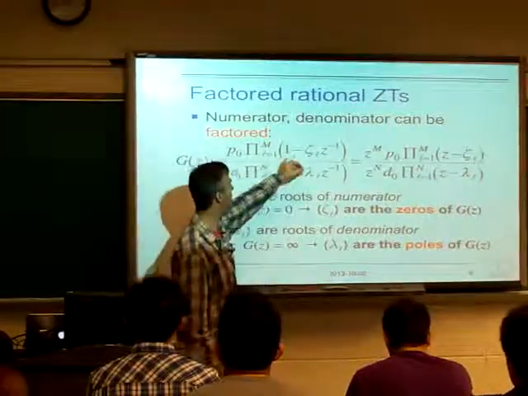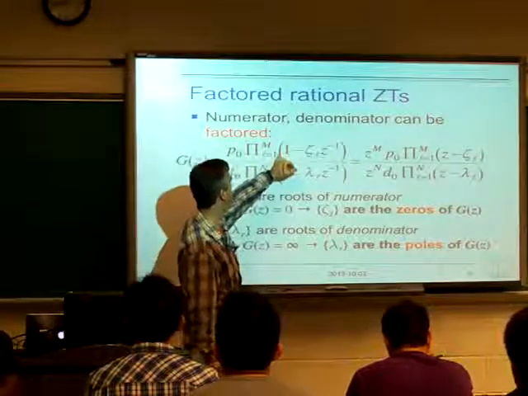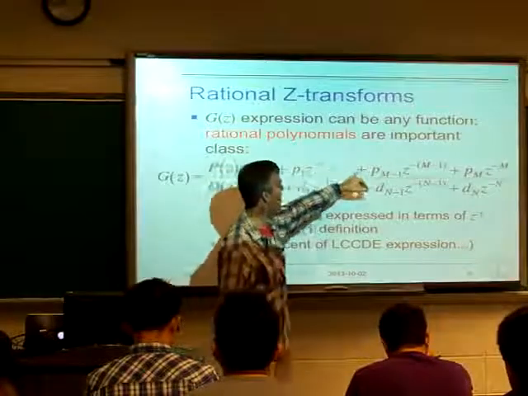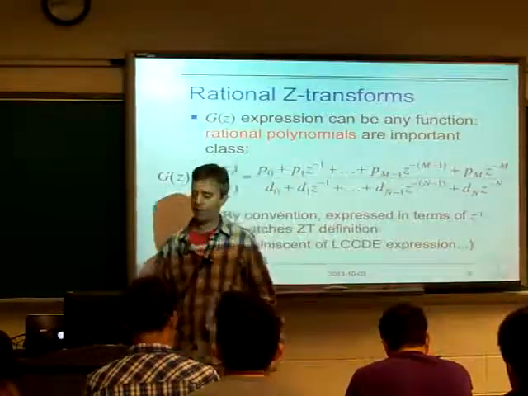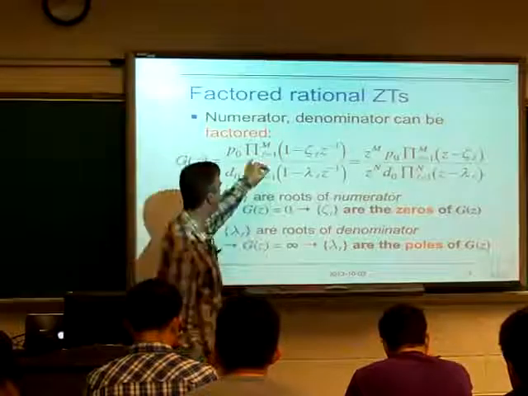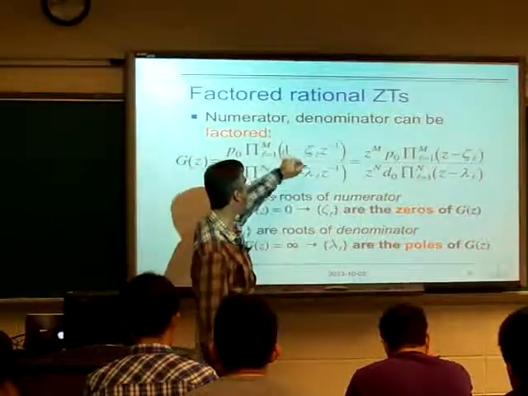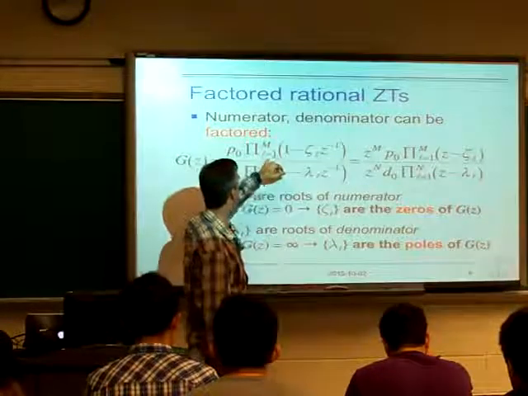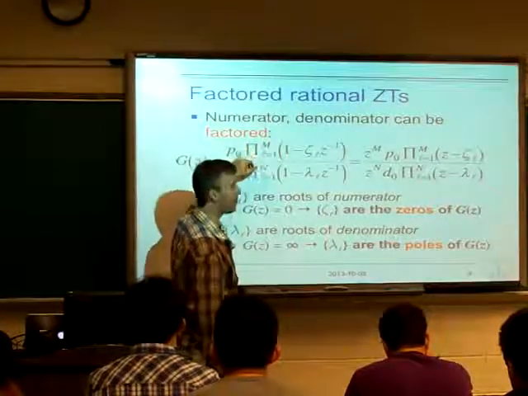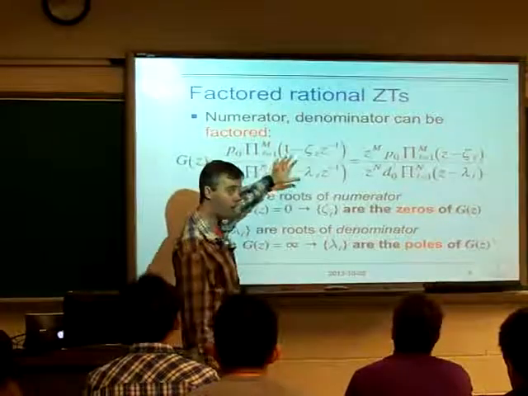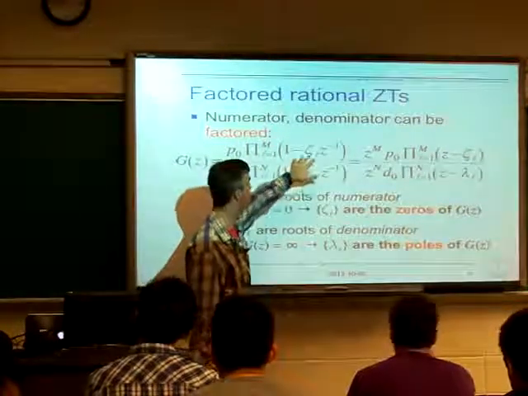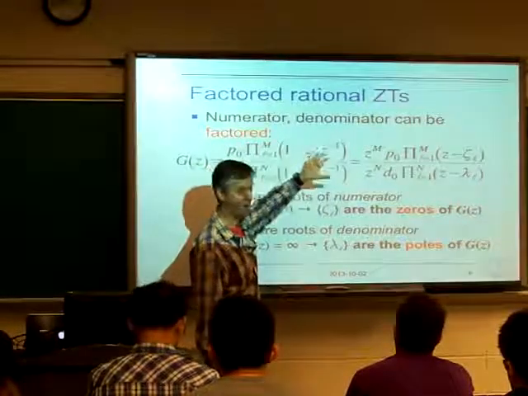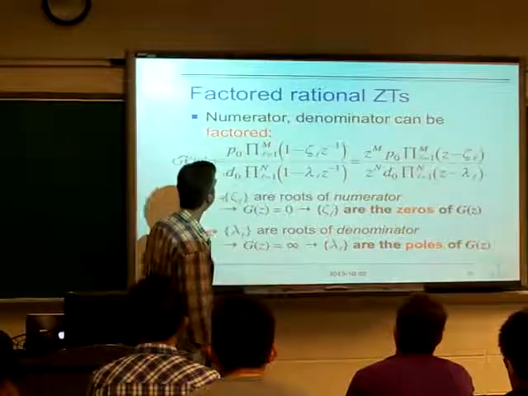We can find some set of terms such that the polynomial we had before, with successively more negative powers of Z and different coefficients, works out as the product of a set of terms like this, 1 minus zeta L times Z to the minus 1 for L equals 1 to M, and then some constant out front. You can always factor a polynomial like this. And the zeta L's are the values where the polynomial evaluates to 0, so they're the roots.